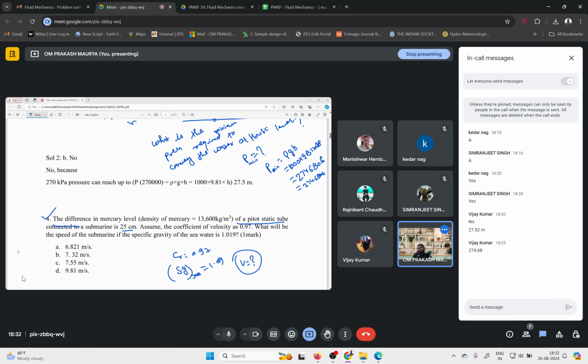The difference in mercury level in a pitot static tube connected to a submarine is 25 centimeter. So how you will calculate your head if the difference is given? Using the difference, how you will calculate the head?